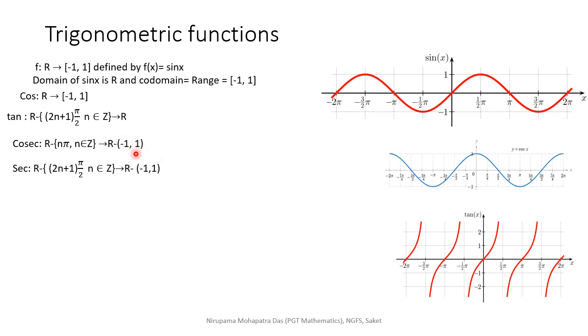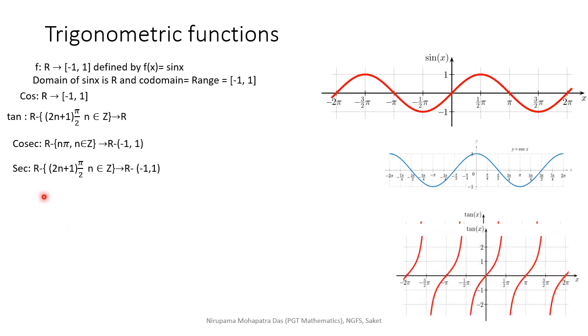I'll show you the graph in the next slide, in which we will be taking cosec x and sec x. And here secant x is again not defined when cos x is 0. Cos x 0 means x equals (2n + 1) into pi by 2.